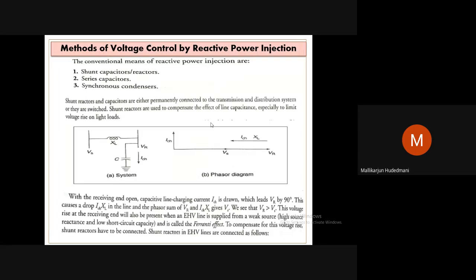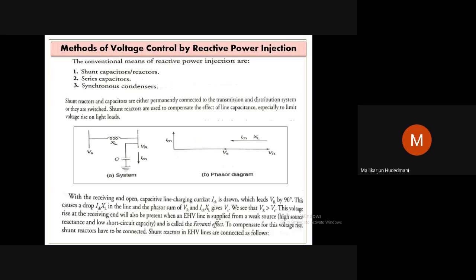In line with that, the installed capacitors need to be removed or added as appropriate, and the inductors put in parallel to the capacitor need to be switched on so that they start absorbing the leading volt amperes available in the system. This way, in a shunt capacitor or reactor based concept, by switching capacitors or inductors according to the requirement, we can compensate the reactive power balance.